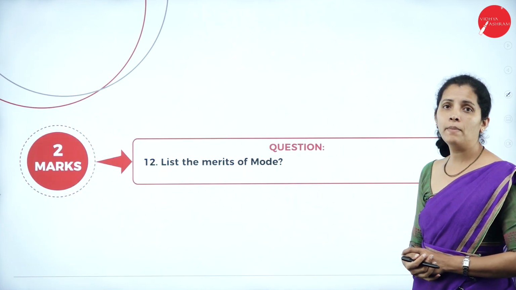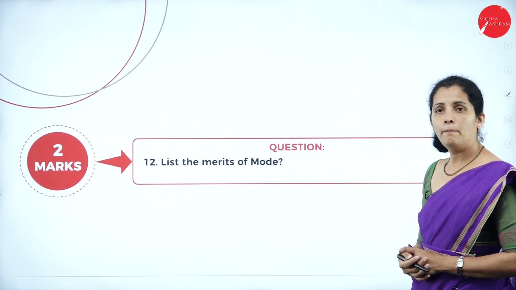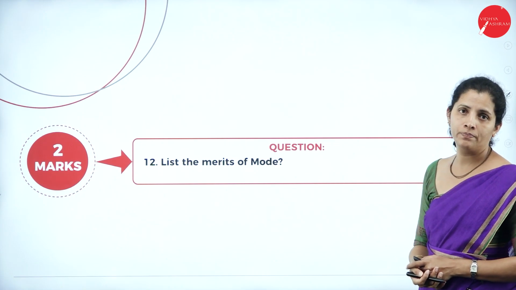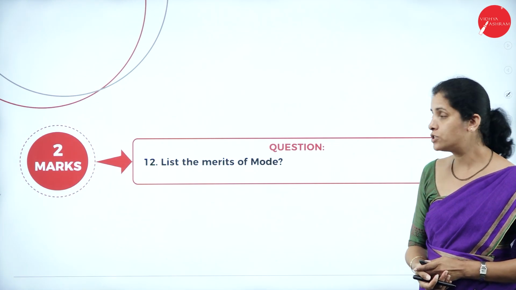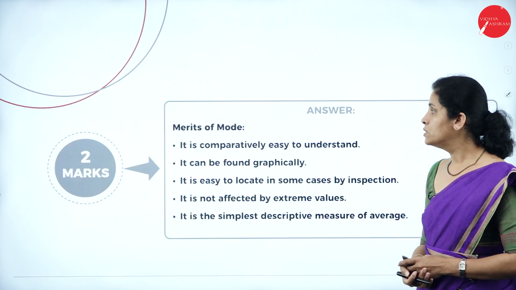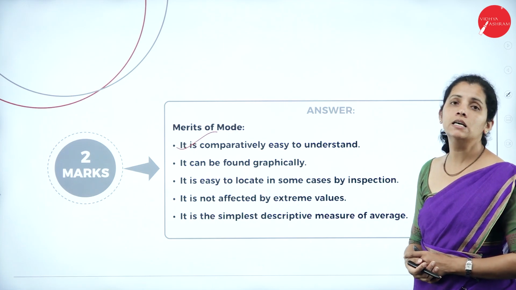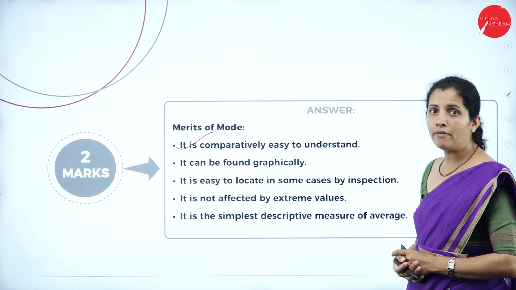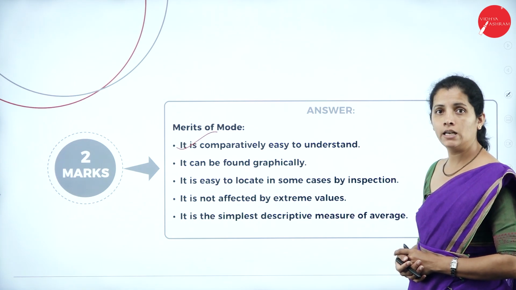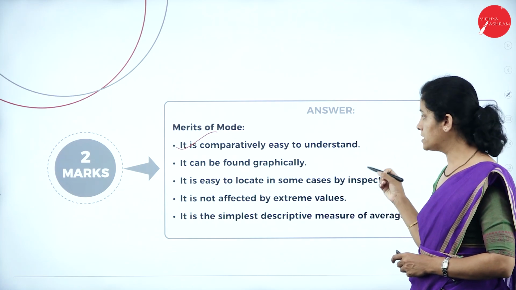Now I'm having my next question, that is, list the merits of mode. In the sense, I want to list the advantages of mode. It is comparatively easy to understand. Dear student, if I represent the data in terms of mode, then it is very easy to understand.